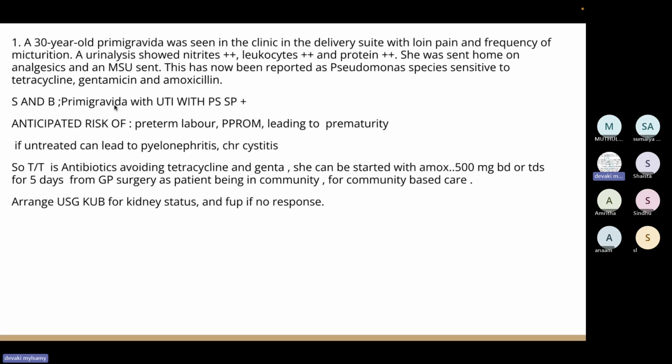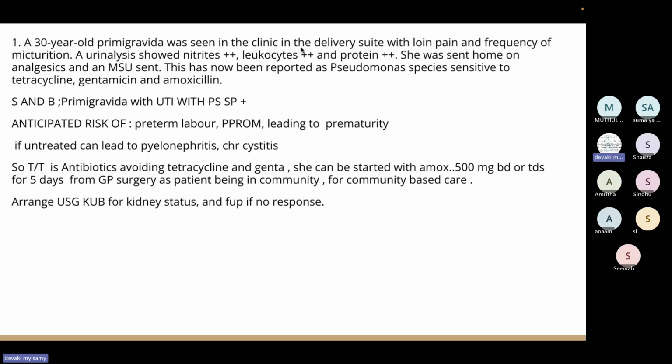If untreated, it can also lead to pyelonephritis, chronic cystitis, or chronic recurrent urinary tract infection, whatever you wanted to say. So the treatment of choice in this case, as she is pregnant, gentamicin and tetracycline are not safe during antenatal care. Okay, so yes, very nicely you asked here what is her gestational age, which was not mentioned here.